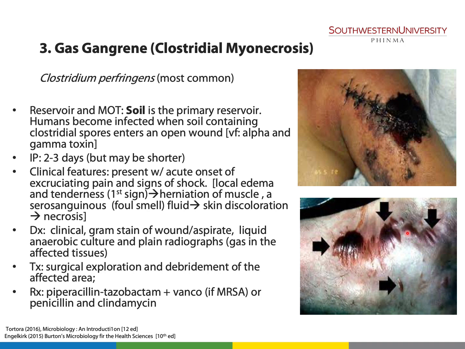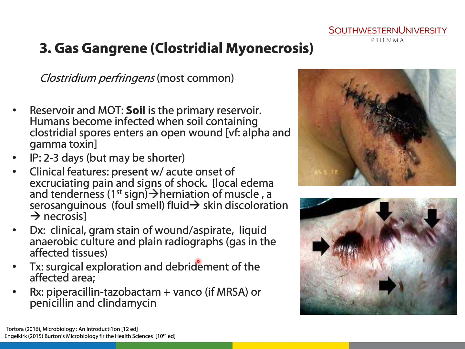The pathological effect of your organism is mediated by these toxins. Common signs and symptoms include fever, tachycardia, hypotension, jaundice, and renal failure. Diagnosis includes clinical history, gram stain of wound or aspirate, and anaerobic culture, since this organism is anaerobic, and plain radiographs which show gas in the affected tissue.